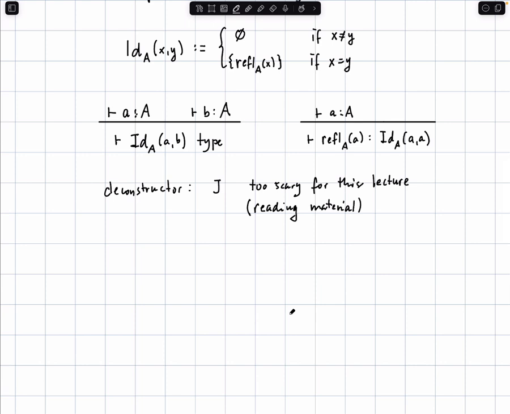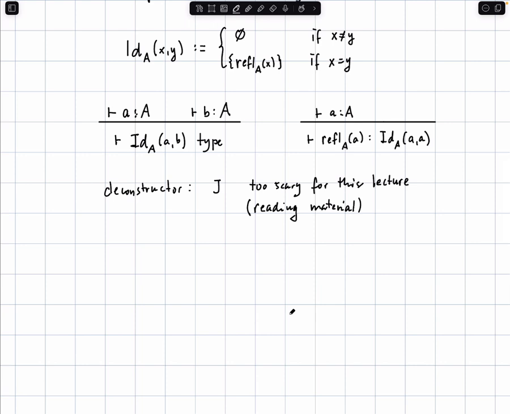How does one use the fact that two things are equal? Informally speaking, what are some basic properties of equality? First of all, it's an equivalence relation. It's reflexive, symmetric, and transitive. But the actual essential bit of what equality is, is called the substitution rule. It says if a equals b, then you can replace a with b.